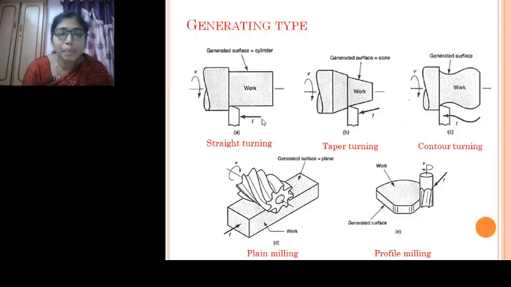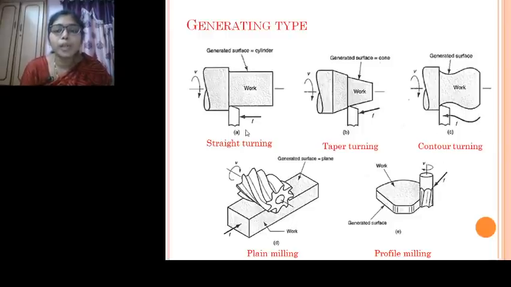If the feed is parallel to the workpiece axis, you get a straight turning operation. Whereas if the feed is at an angle to the workpiece axis, then you get a taper turning. Contour turning is irregular. In the first two, the feed which is given is constant, whereas in this, it is not constant, it follows a certain shape, right?